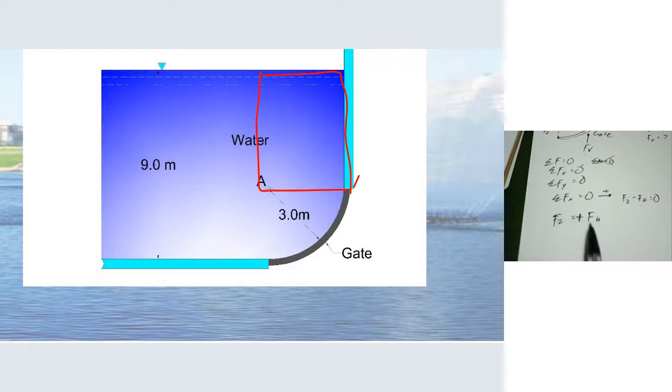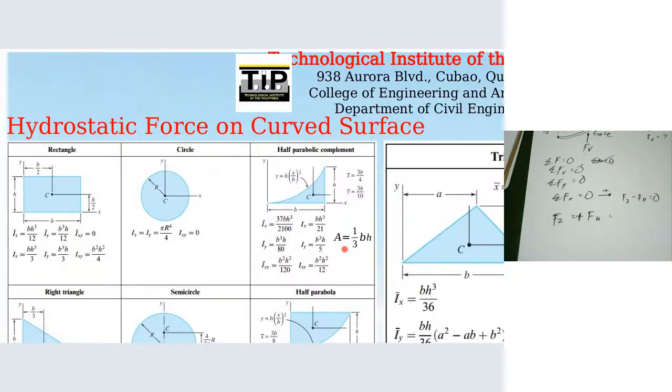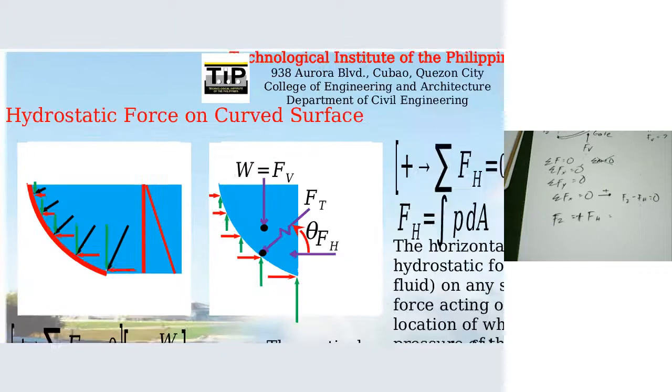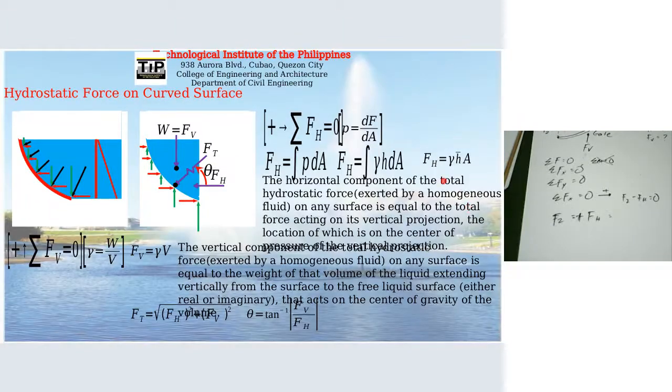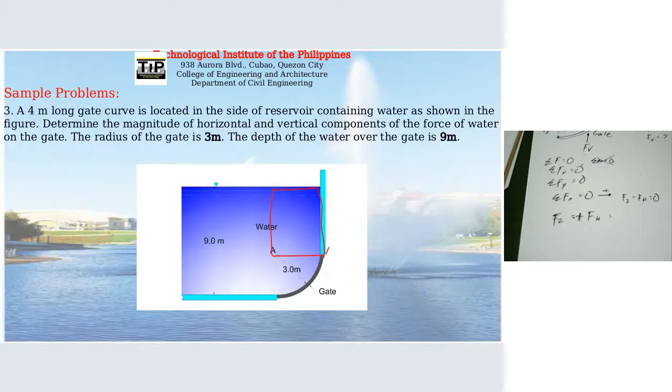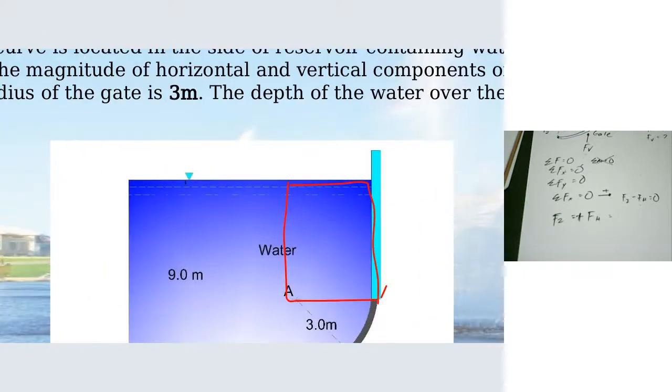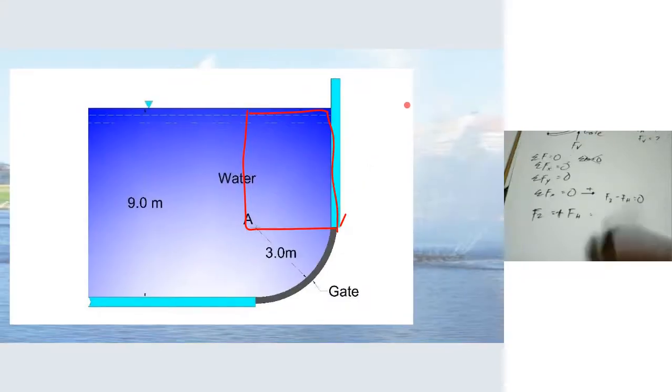Now this F sub h and F sub 2, recall that it's equal to gamma h bar a. That's the equation that we derived earlier. So this is gamma h bar a.